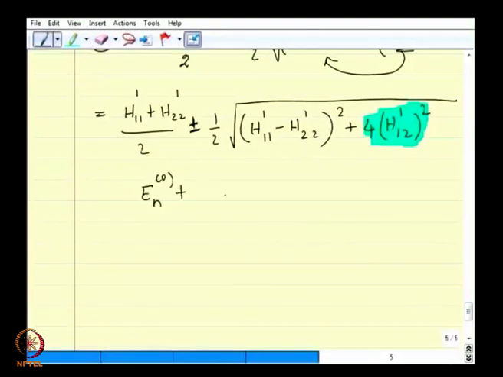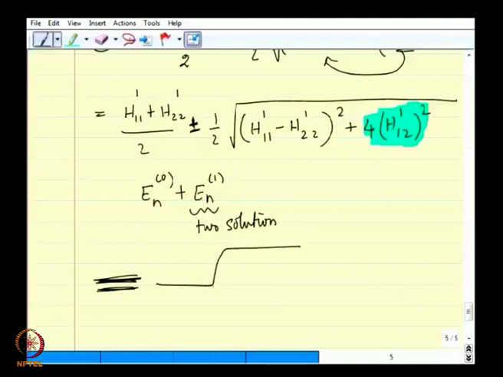When we set lambda equal to 1, it is En1, and for this there are two solutions. And the two solutions essentially mean if the levels were degenerate, then the positive quantity adds a positive correction to that, and the negative quantity adds a negative correction to that, so that the degeneracy gets split.